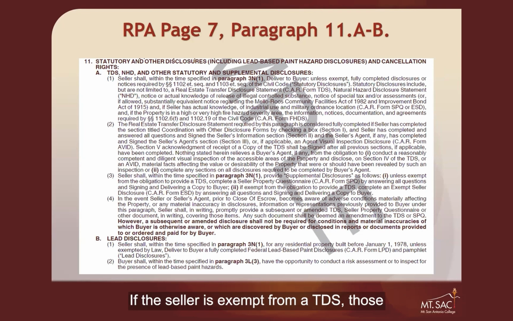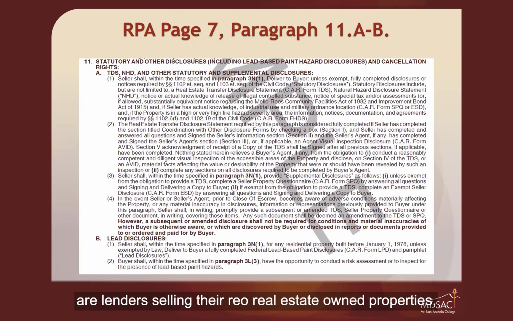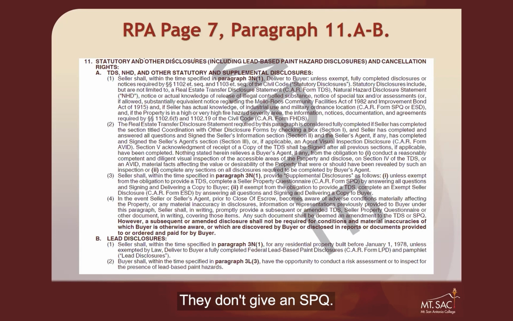If the seller's exempt from a TDS, those are lenders selling their REO, real estate owned properties they got back through foreclosure, probate, bankruptcy, for that matter, any court ordered sale or court supervised sale, which would include conservatorships and guardianships, they don't give an SPQ, this contract gives an ESD, okay, the exempt seller disclosure.